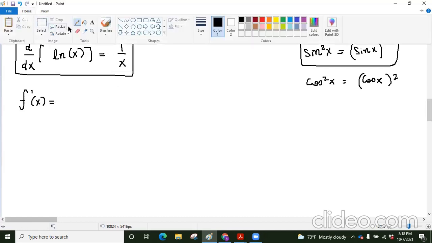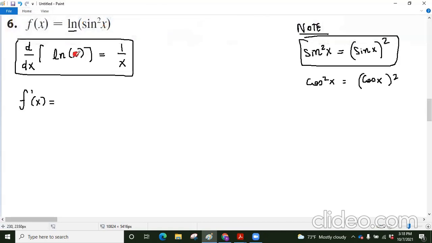So that means that the derivative of ln of a red dot is 1 over a red dot. So if I said the ln of sine of 2x, that should be 1 over sine of 2x, correct? So that means f prime of x is 1 over sine of 2x, right?